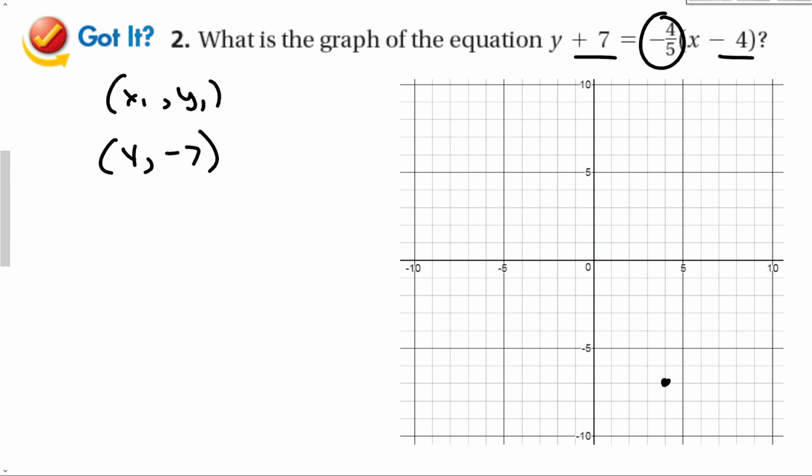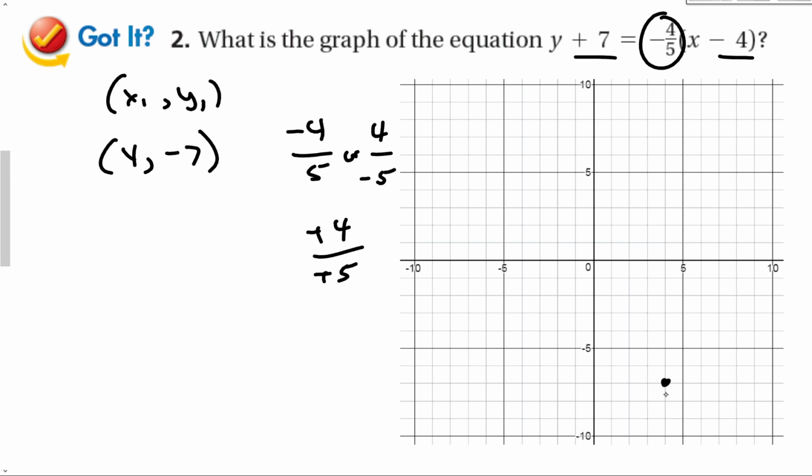Then my slope tells me to go down 4, right 5, or up 4, left 5, but not down 4, left 5, because then this would be a positive slope. Okay?